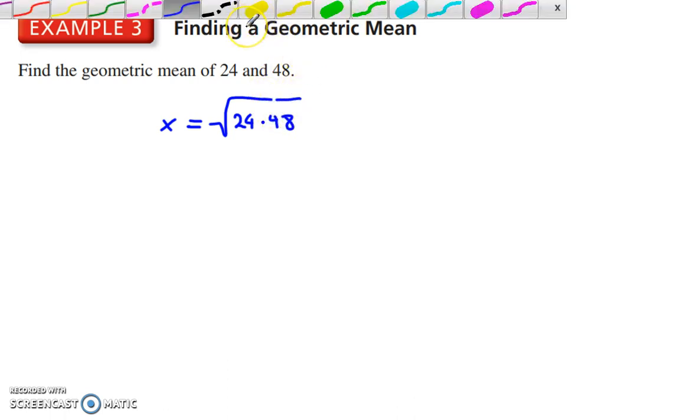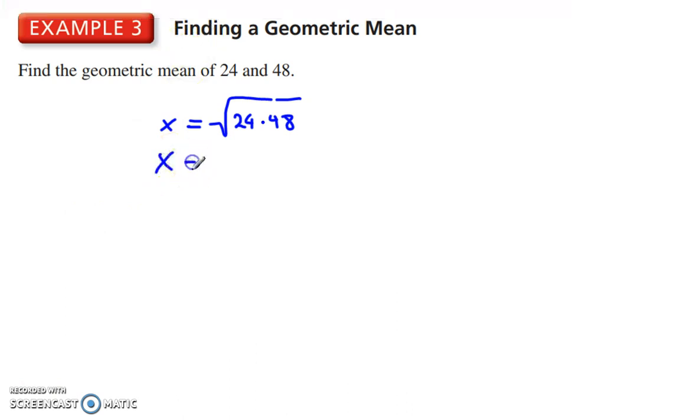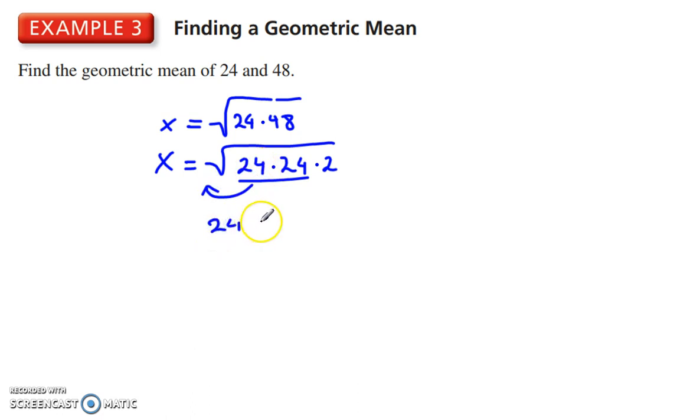For the square root of 24 times 48, we could type it in, or we can simplify this actually. 24 times 48 is 24 times 24 times 2. Now we have a perfect square right here, so we can take this out, and then we have 24 times radical 2. So the geometric mean of those two numbers is 24 radical 2.